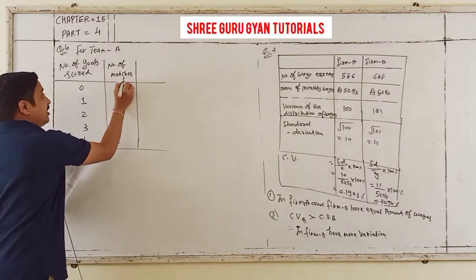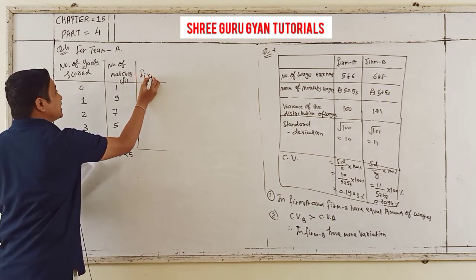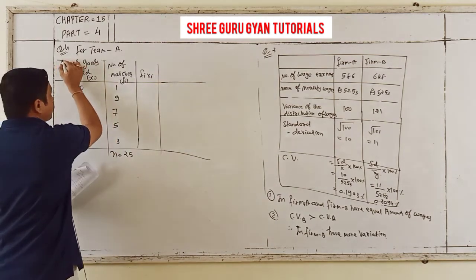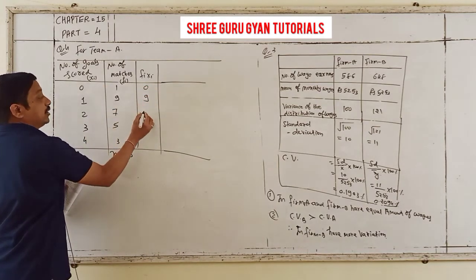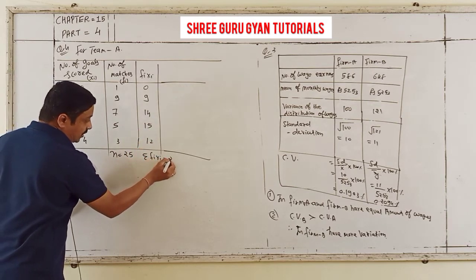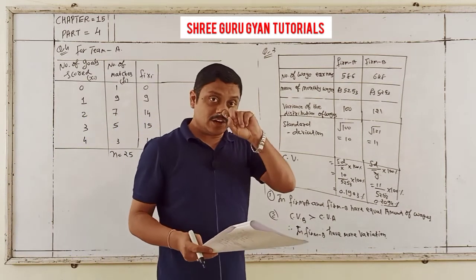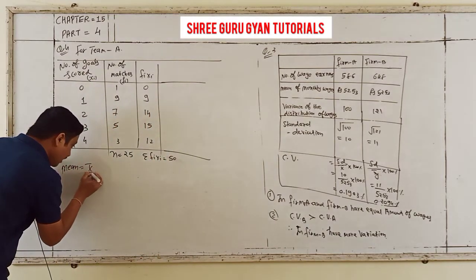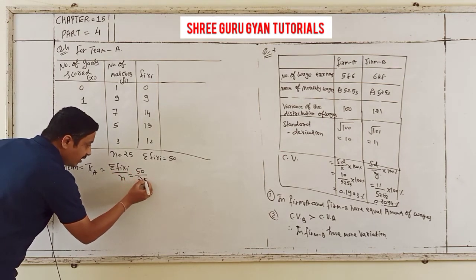First, the addition of Fi. N is 25, and I start my Fi Xi, where this is called Xi, and do it in the product way. Fi Xi: 0 into 1 is 0, 9 1s are 9, 7 2s are 14, 5 3s are 15, and 4 is 12. Sigma Fi Xi comes to 50. And in a simple way, the mean: X bar for team A is sigma Fi Xi by N, 50 by 25, which is 2.